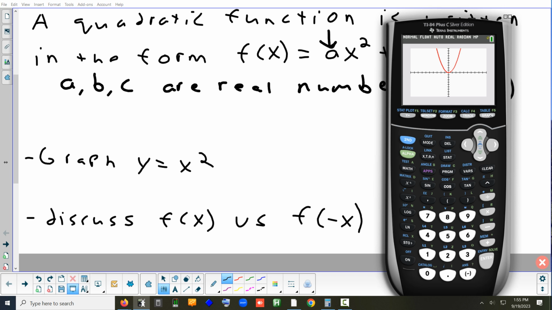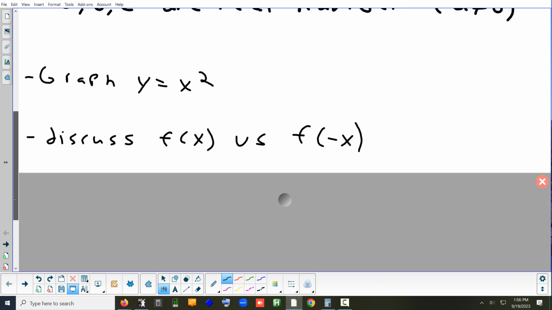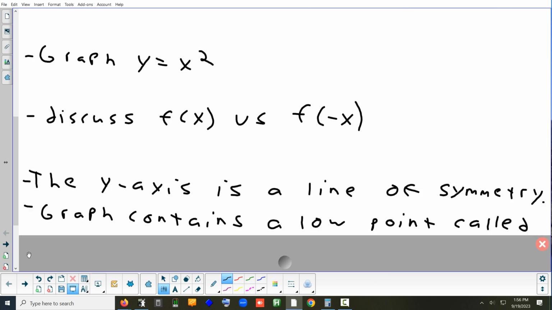How does it compare to the first one? Yes, it looks the same, but something actually did happen. Does anybody know what the negative did? You can't really tell on this one because the y-axis is a line of symmetry. Yep, it flipped. The parabola got flipped over the y-axis. But because a parabola is symmetrical, you can't tell when you flip it.